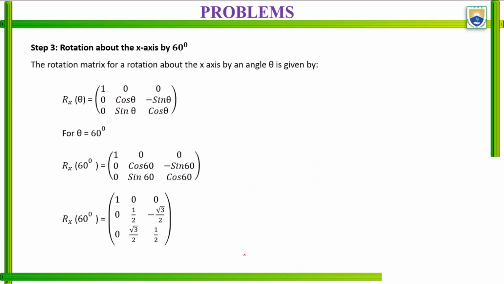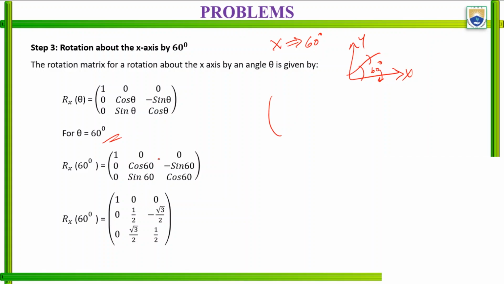Now, when we are rotating the same x-axis at 60 degrees, right? When we are rotating this x-axis at 60 degrees, what are we getting? We know the rotational matrix for x-axis, it is nothing but 1 0 0 0 cos theta minus sin theta 0 sin theta and cos theta. So at 60 degrees, what are we getting?